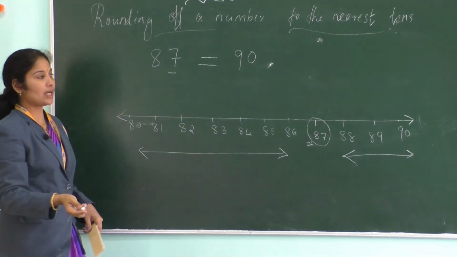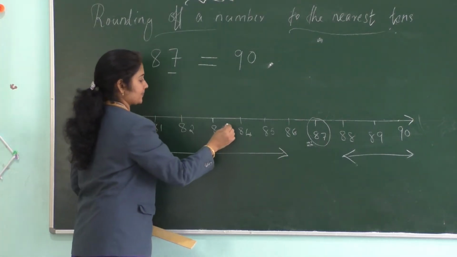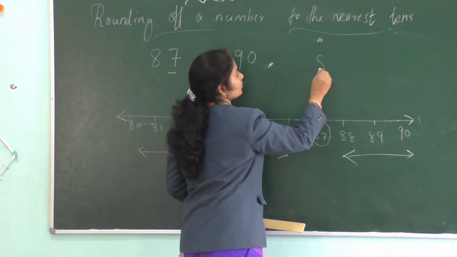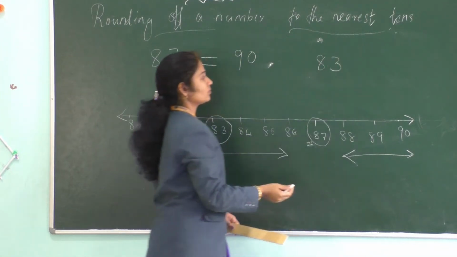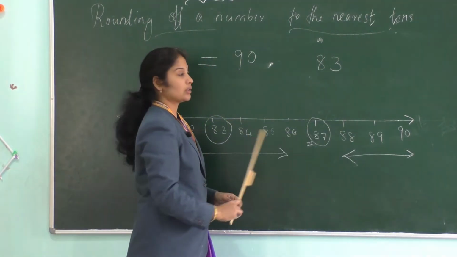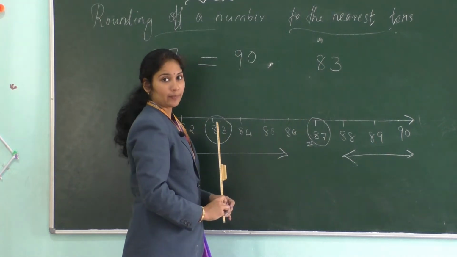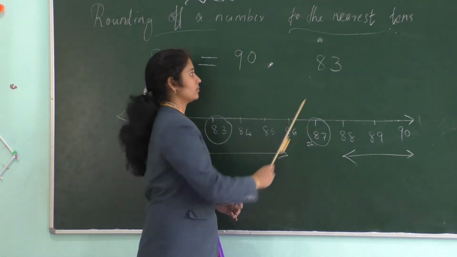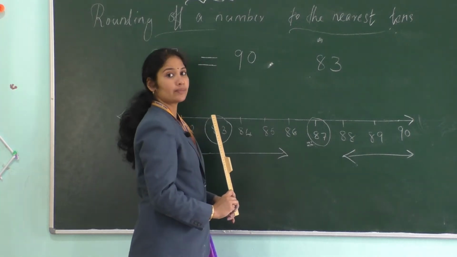Consider another example, number 83. In the one's place, which number? Yes, 3. Is it greater than or equal to 5? It is less than 5.